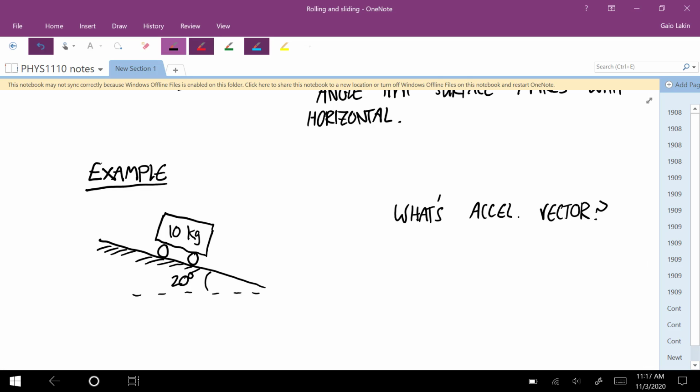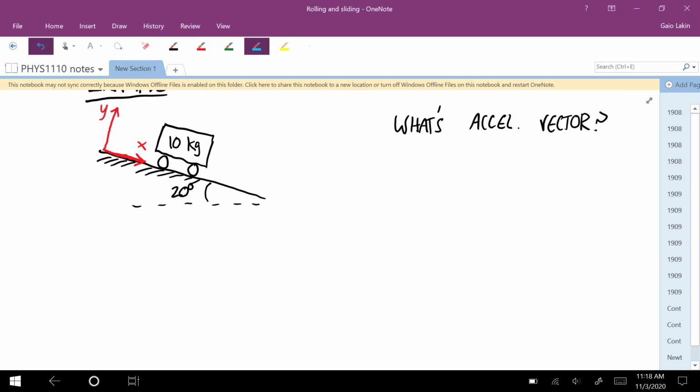Okay, so the first thing we have to recognize is that this is a rolling or sliding problem. And so we're going to put the y-axis straight out of the surface and the x-axis along the surface. And then I'll go to a free body diagram.